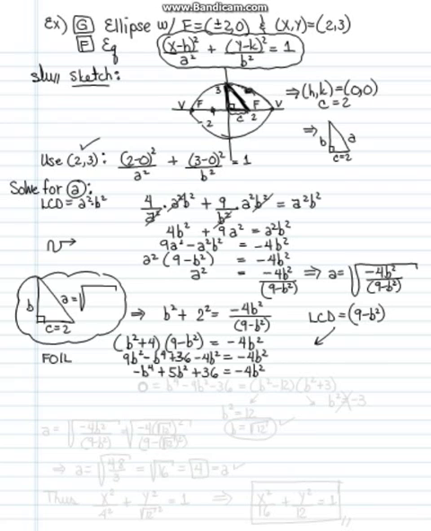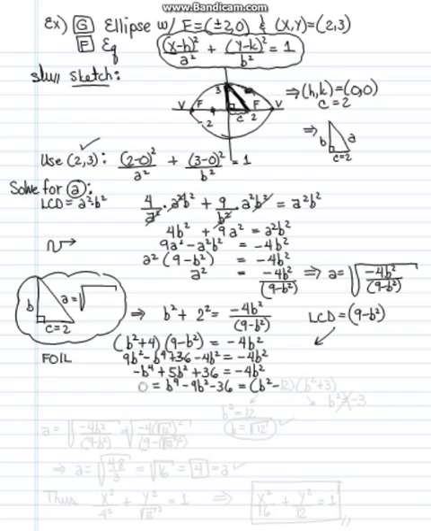Okay, let's get everything on the right side, so the b to the fourth term is positive. So 0 is equal to b to the fourth minus 9b to the second minus 36. Okay, and then you factor the non-zero side.